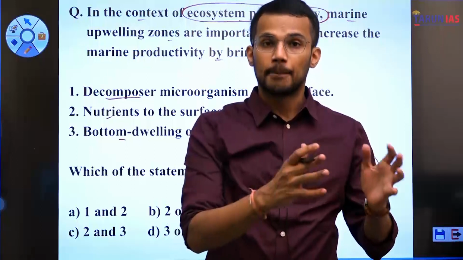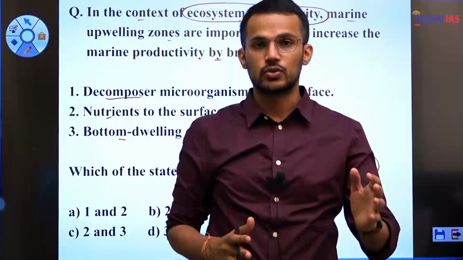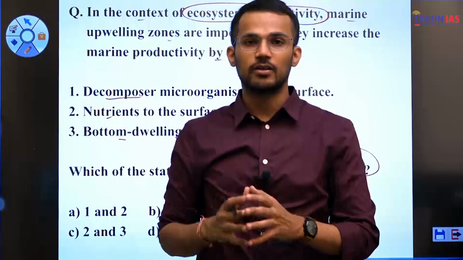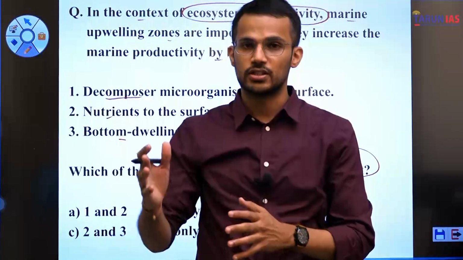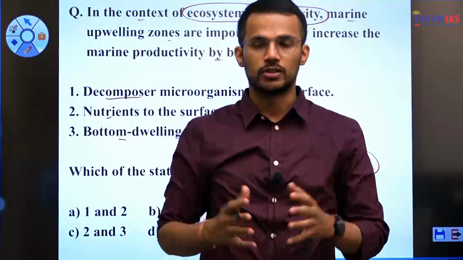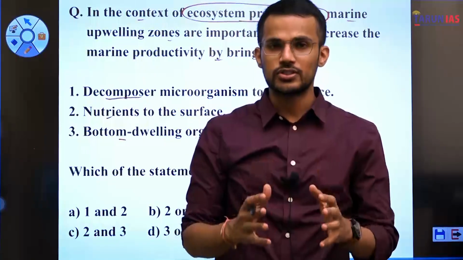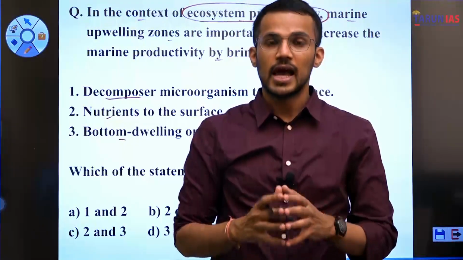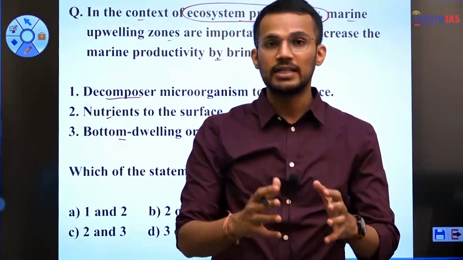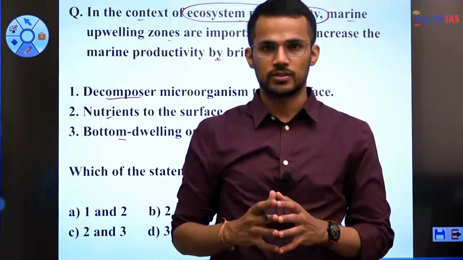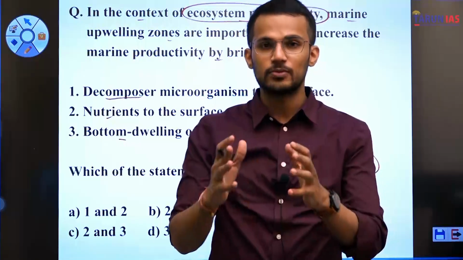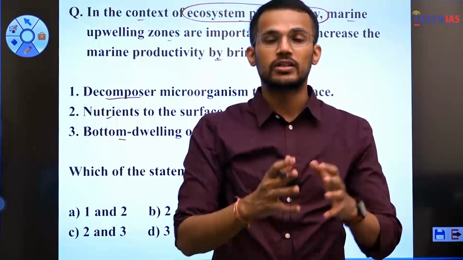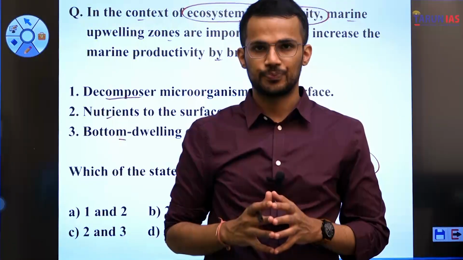They are primary productivity, which is associated with producers, and second is secondary productivity, which is associated with the consumers. Right? So this question is about increase in marine productivity as a result of upwelling seen in the marine ecosystem. And the reason is being asked to you, why upwelling leads to increase in marine productivity.